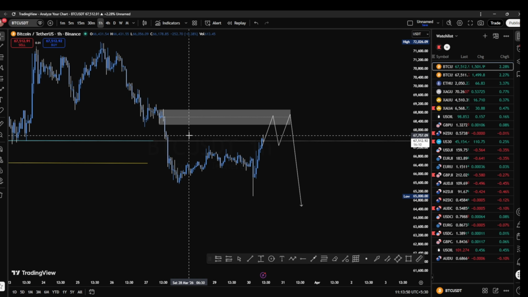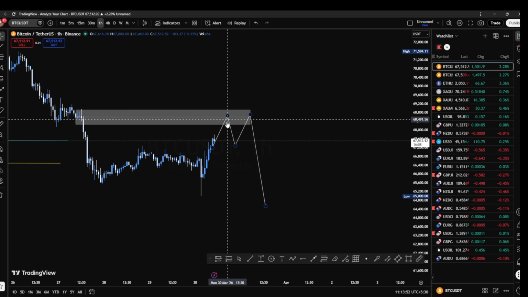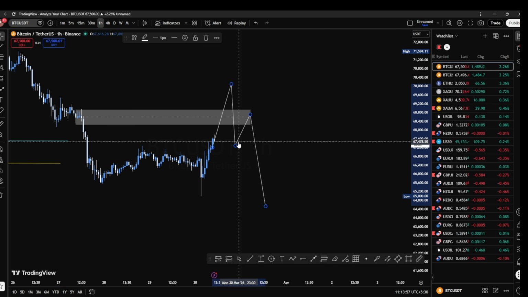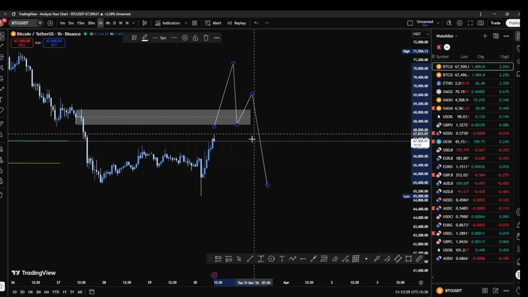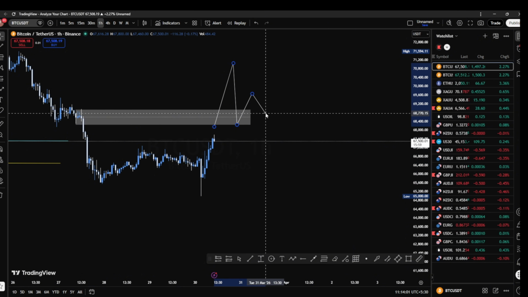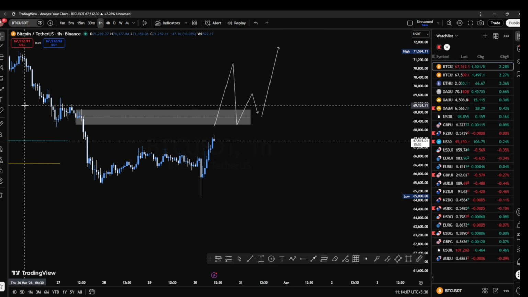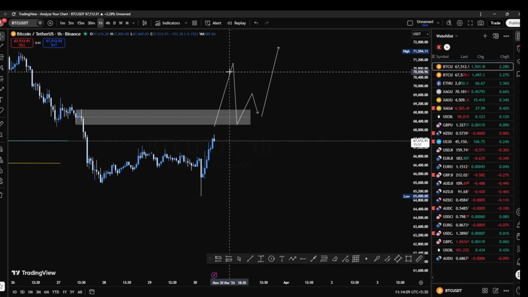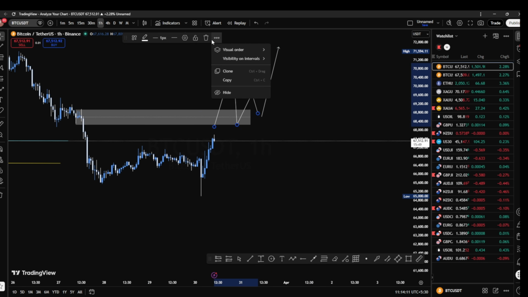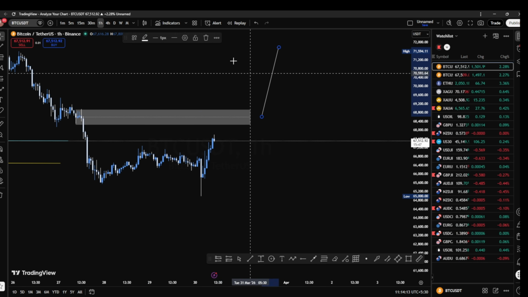And if the market doesn't go like this, if it breaks these levels and makes higher highs after some retracement, then we plan to go upside. But right now, according to conditions, I am more bearish than bullish.